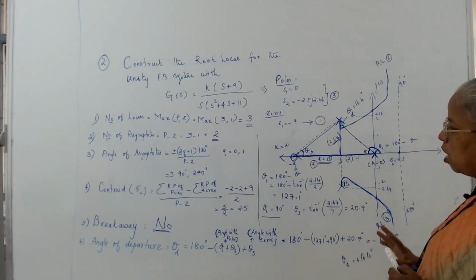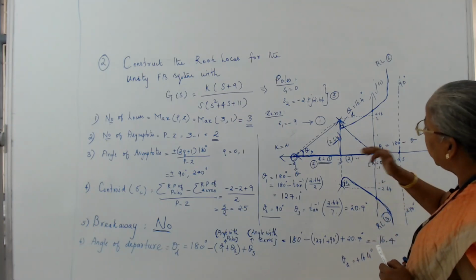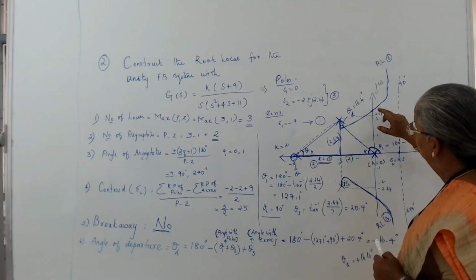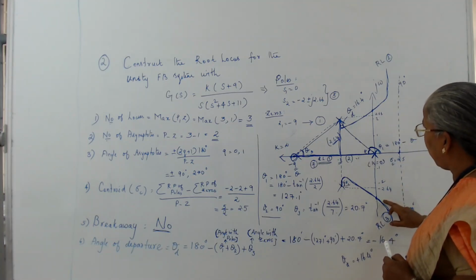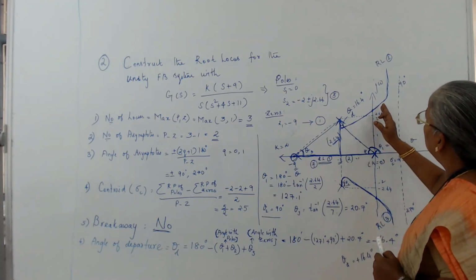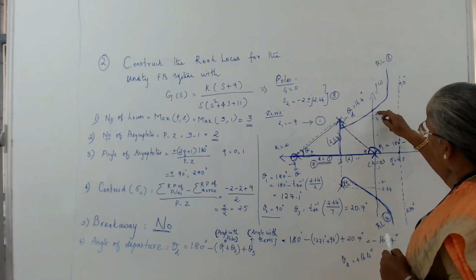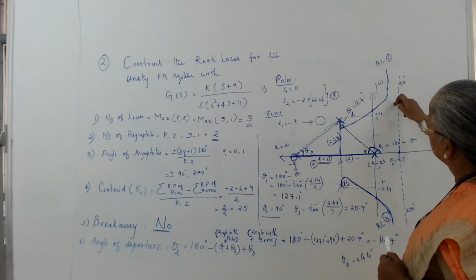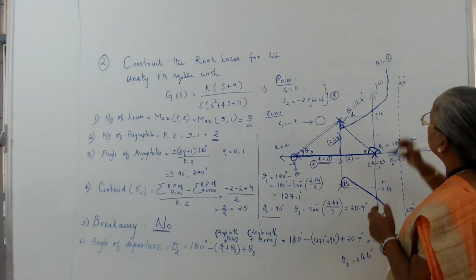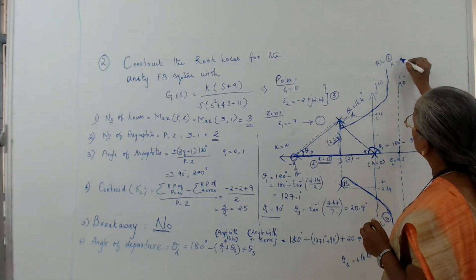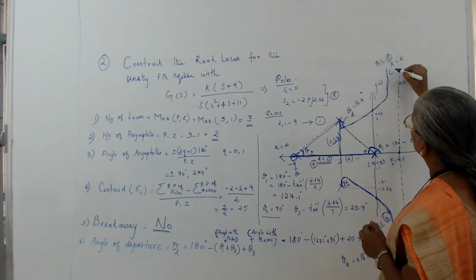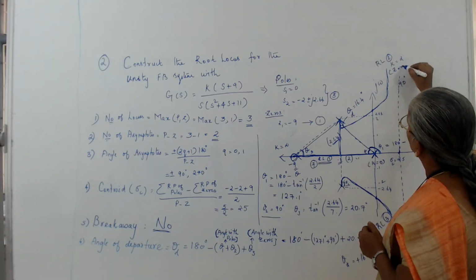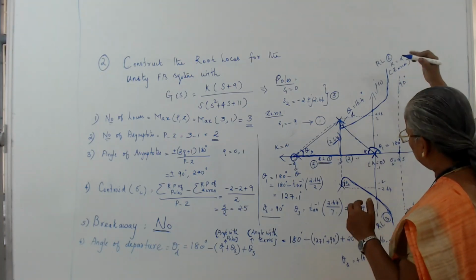The final step: we need to calculate where my root locus will intersect the imaginary axis. It has to travel similar to the asymptotic line, to k at infinity, where the zeros are present. So at k equal to infinity there will be a zero.